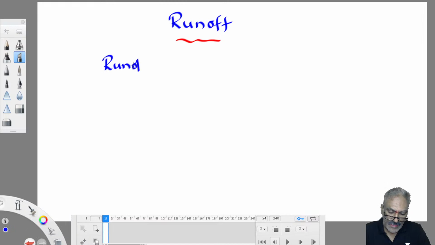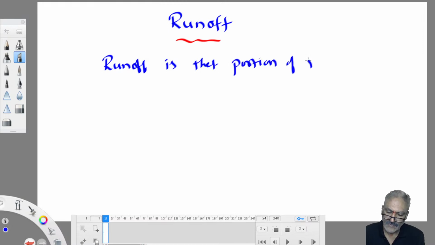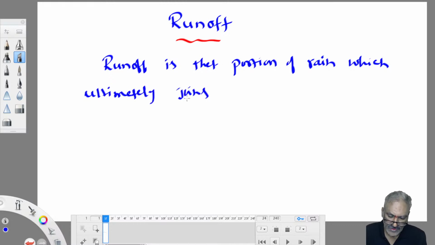Runoff is that portion of rain which ultimately joins the water body. Mostly you will get questions from runoff only.